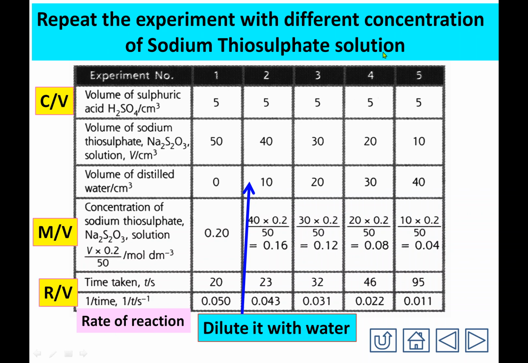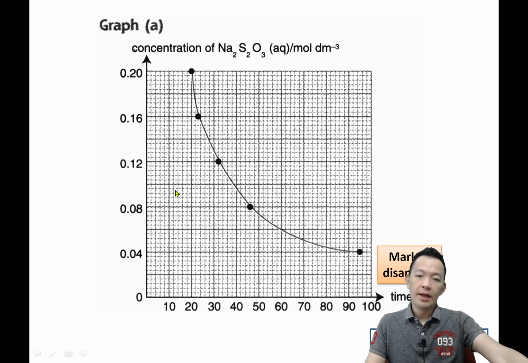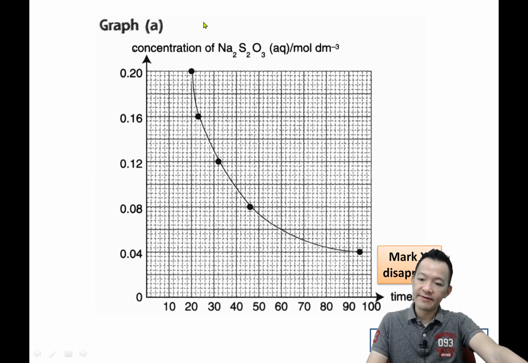它通常叫你画一个 graph. So how to draw the graph? 那个 graph 到底怎么画呢？你看啊。So the first type of graph, 第一种 graph 呢，they ask you to draw time versus the concentration of the sodium thiosulfate. 就是 sodium thiosulfate 的浓度跟那个时间之间的关系。So the higher the concentration of sodium thiosulfate, 浓度越高，the time taken for the mark X to disappear becomes shorter.